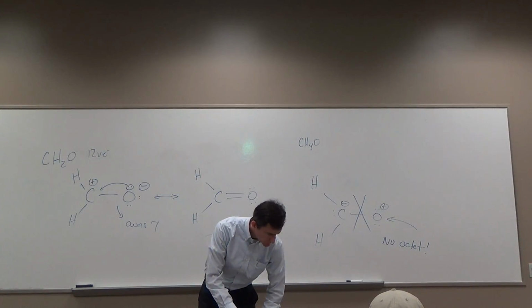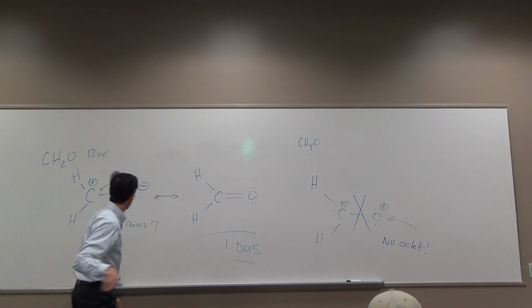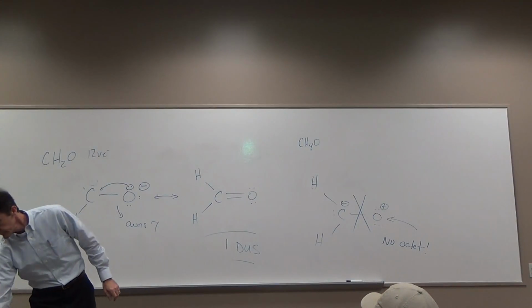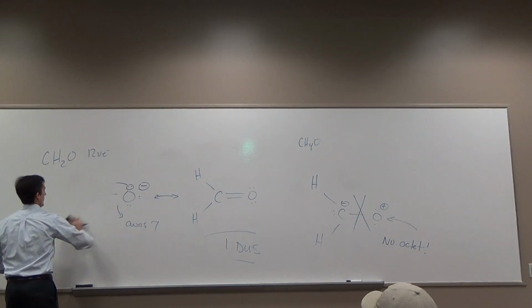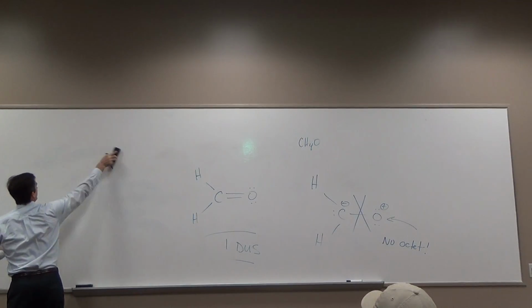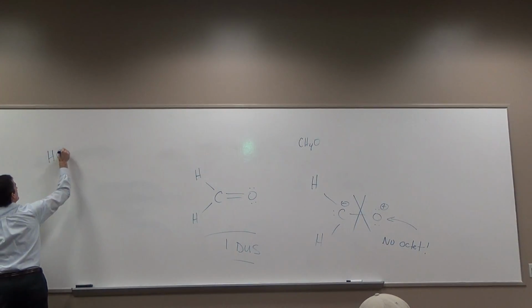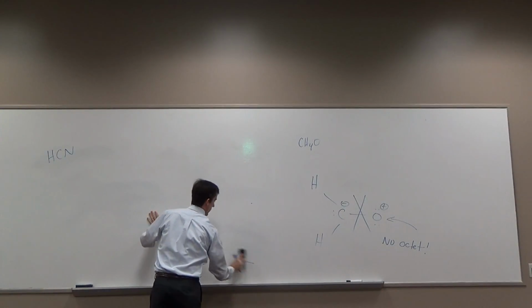Okay, structures with triple bonds. Let's look at that. HCN, how many valence electrons? Ten.